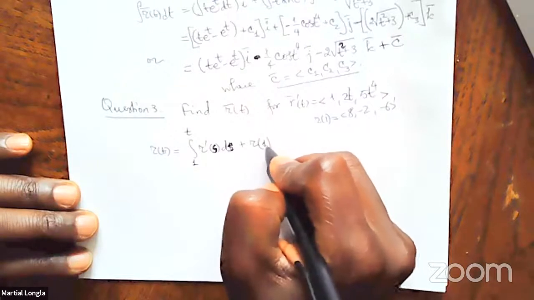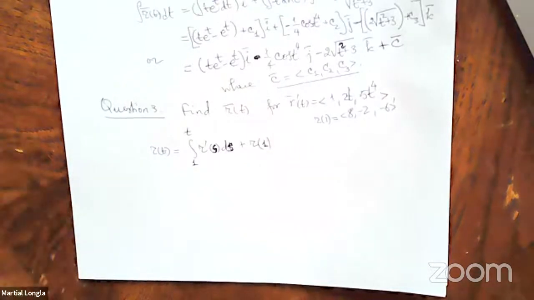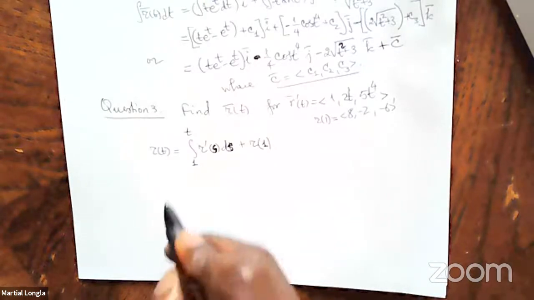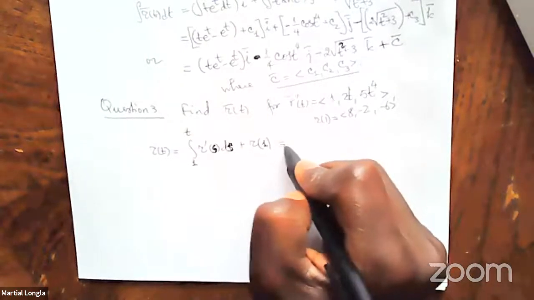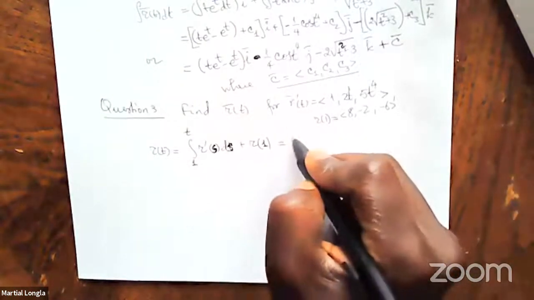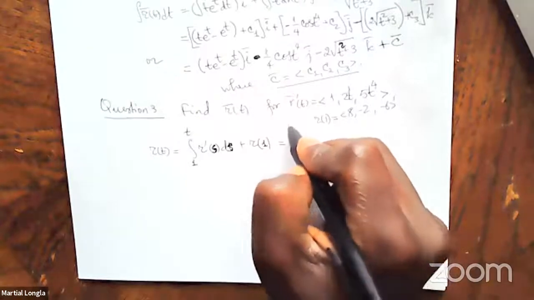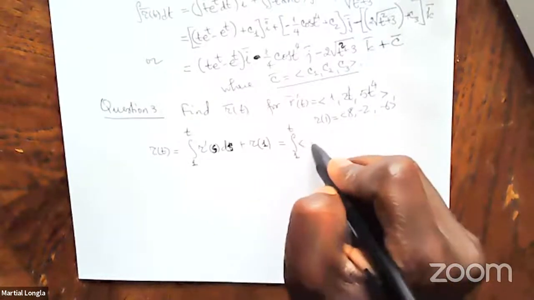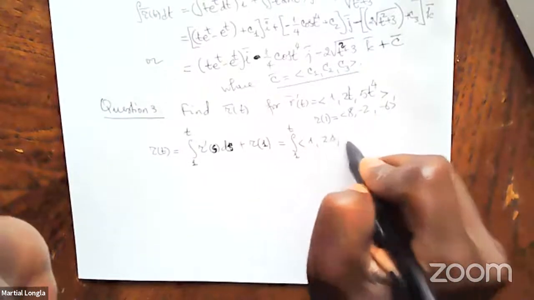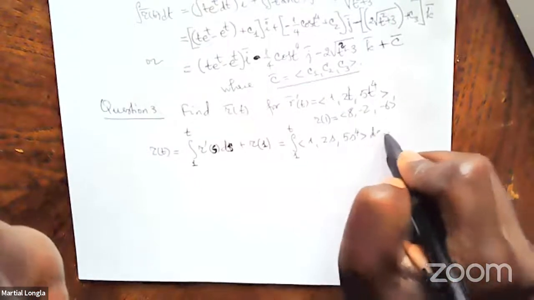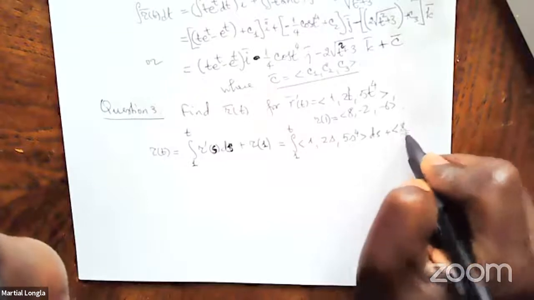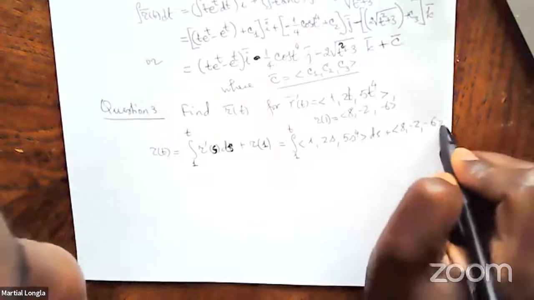That's the same thing we did when we started at 0, where we gave you r of 0. You apply the same formula starting at 1. And so this is going to be integral from 1 to t of 1, 2s, 5s to the fourth, ds plus 8, negative 2, negative 6.